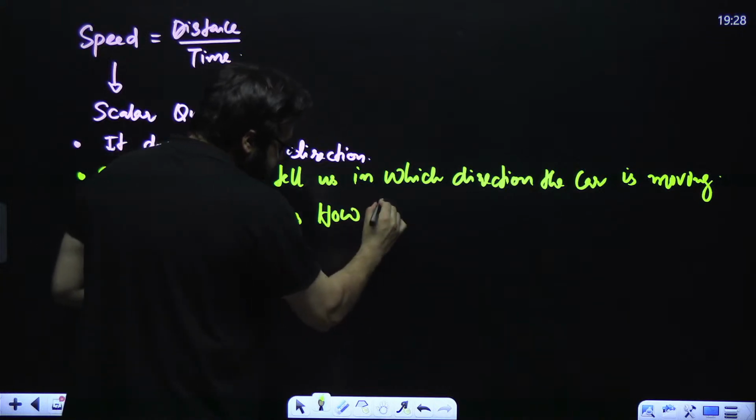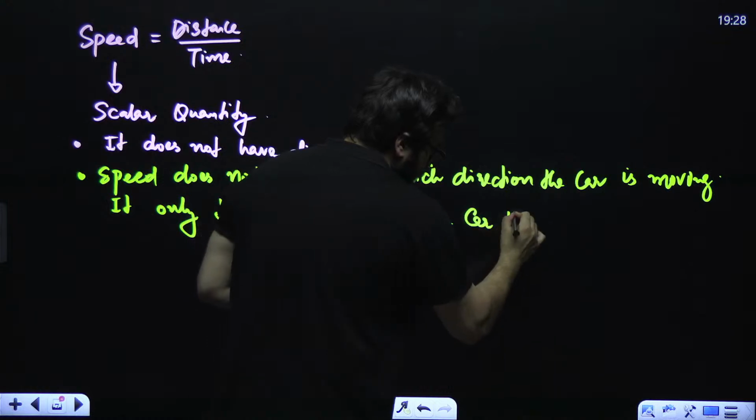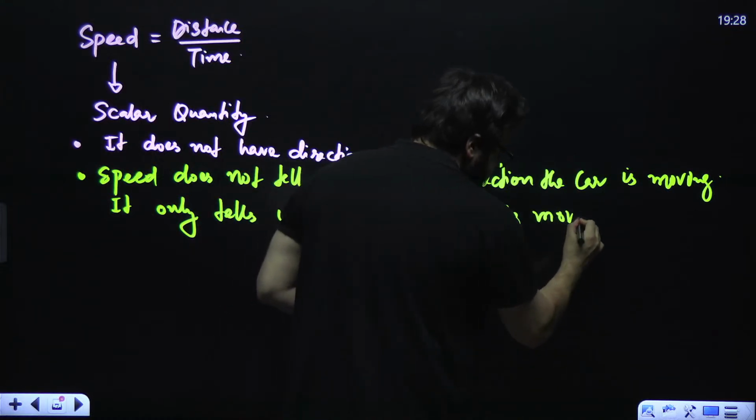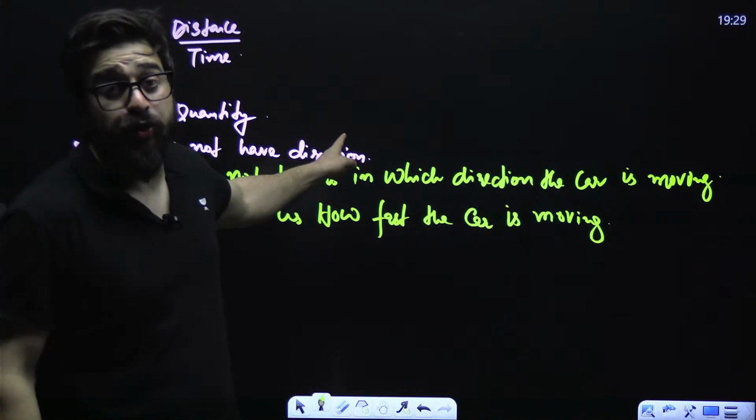That's why it's a scalar quantity, because it does not have the direction.